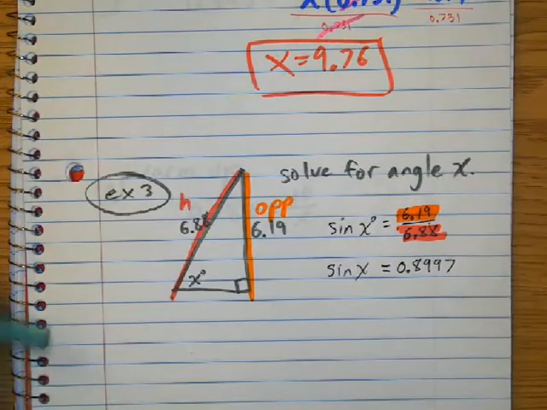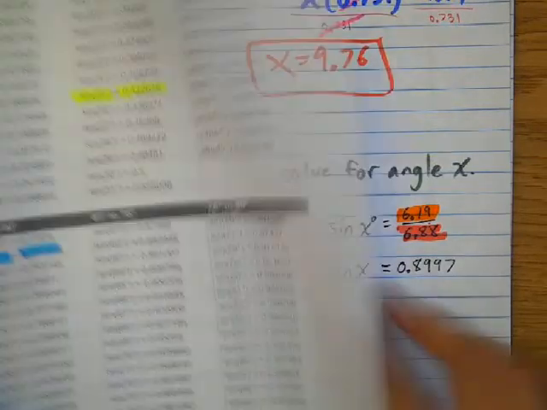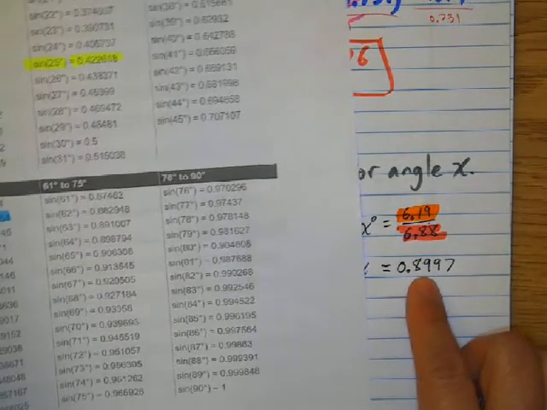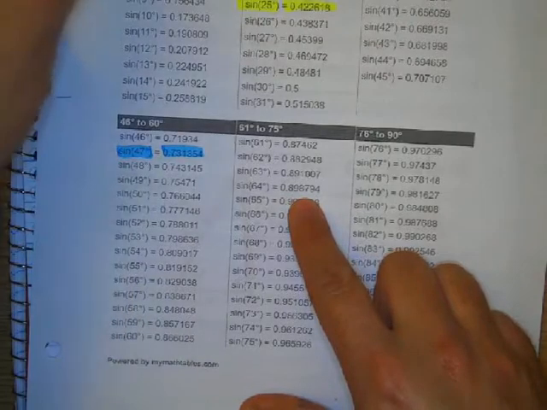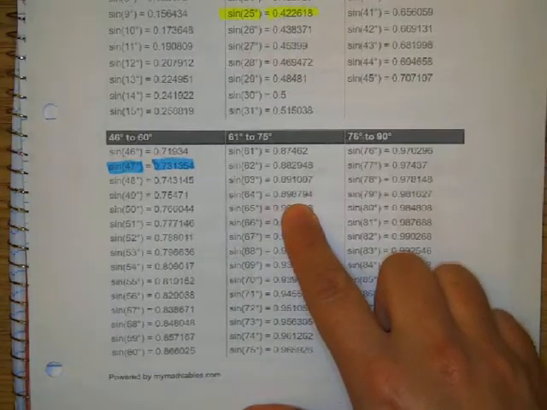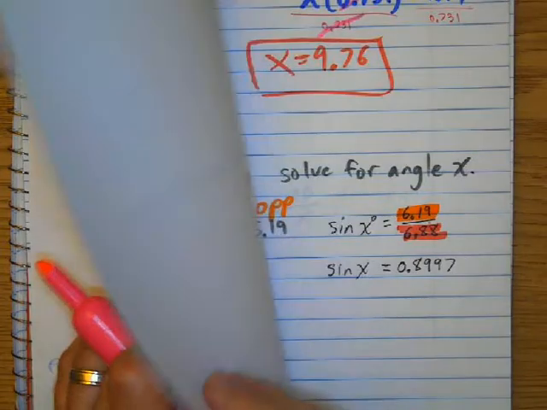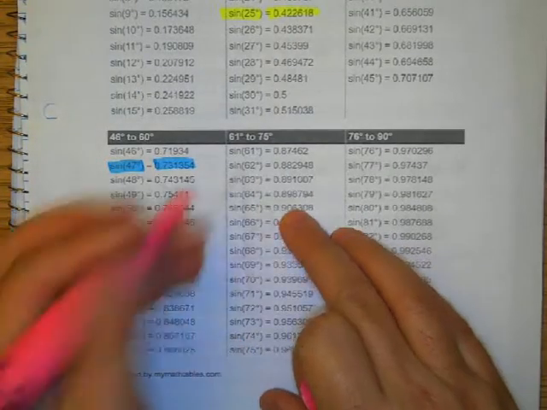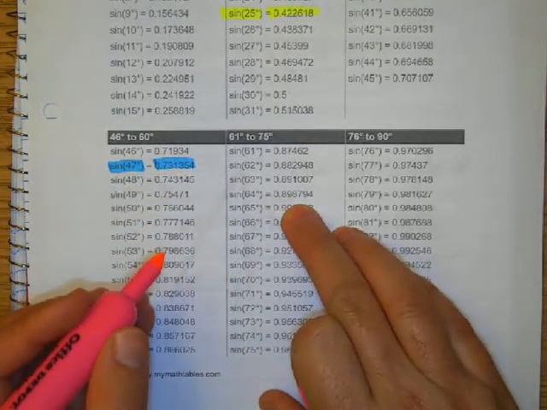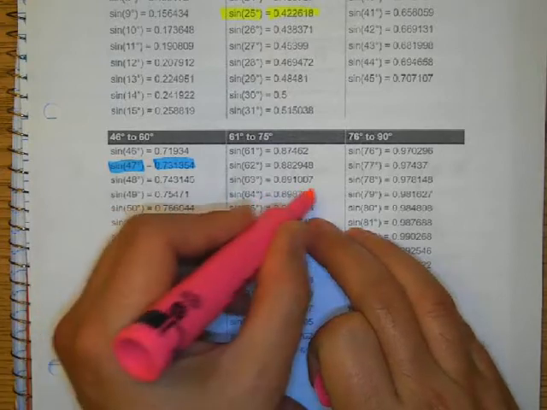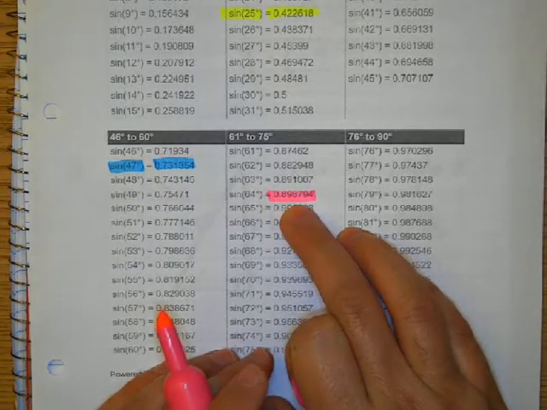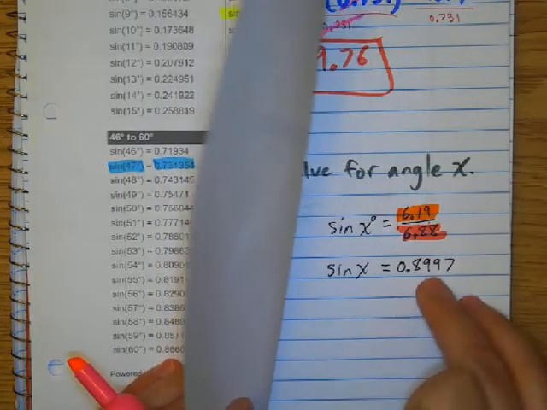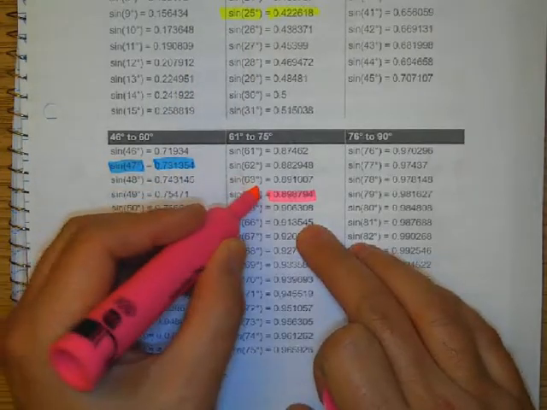Now if I'm using the table here, I'm going to find 0.899. The closest thing I think we've got to that is this value right here, 0.898. That's the closest thing to 0.899. So that means I'm going to get 64 degrees.